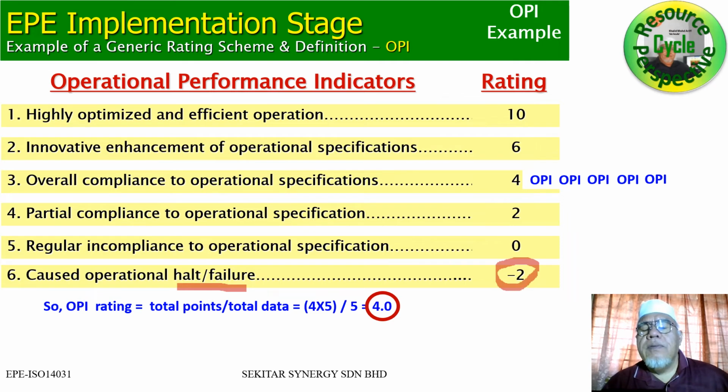When the operation failed, I have to give a minus, not 0. Regular incompliance is 0. So for the diesel transfer and for the smoke emission, there is overall compliance. What does it mean? There is a lot of opportunity, a lot of room, a lot of space left for what? Improvement.